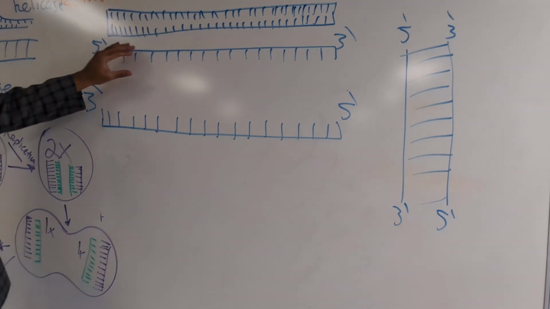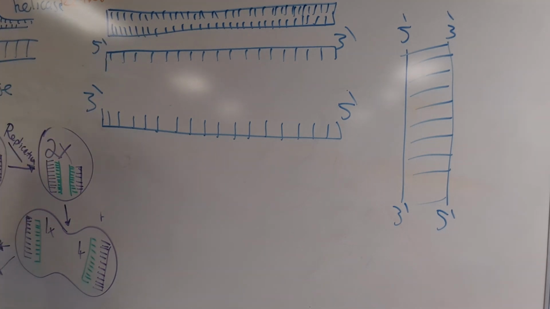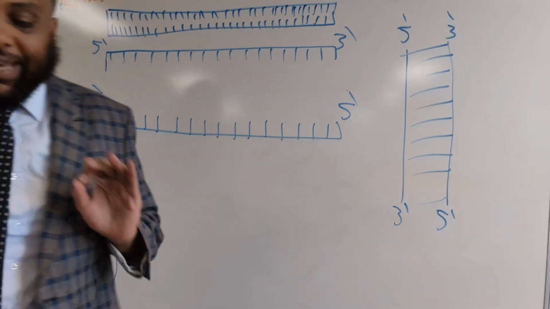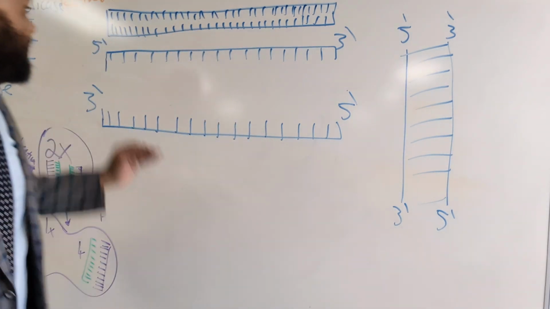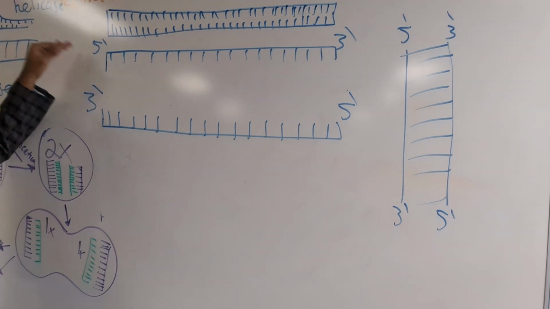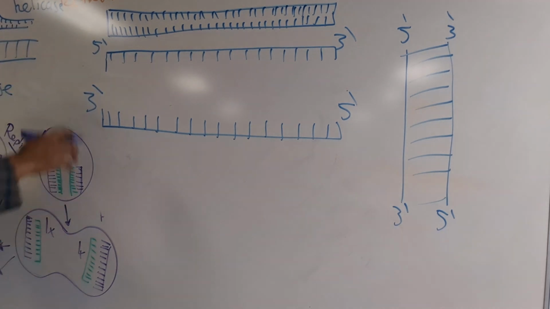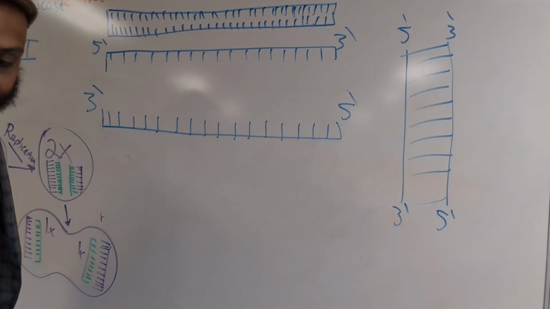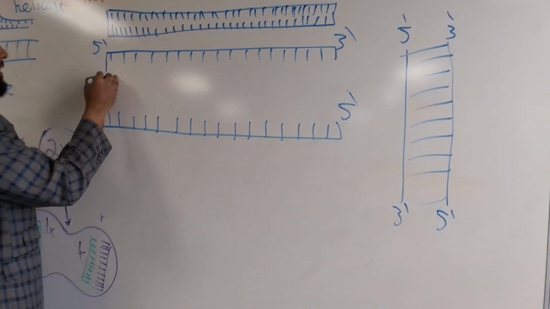So now this is my DNA. Replication will only happen from the 5 prime direction to the 3 prime. So your DNA dependent DNA polymerase is going to be working and making the daughter strand in this direction.